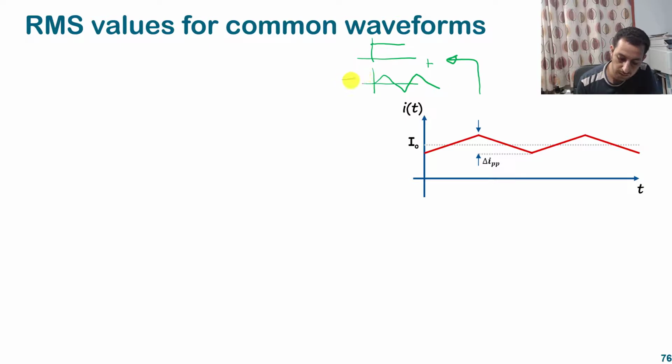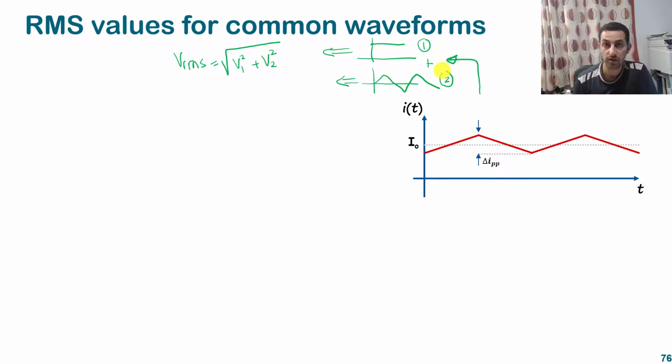I know the VRMS for this one, and I know the VRMS for this one, so I can get the VRMS for the total, which is the square root of VRMS squared for the first portion plus VRMS squared for the second portion. This is 1 and this is 2.